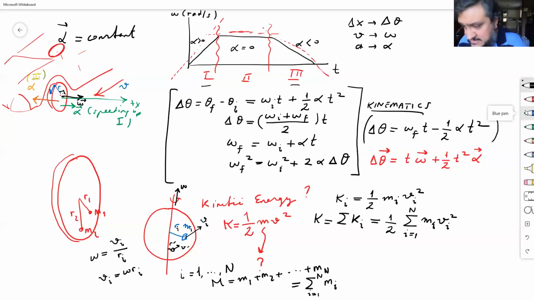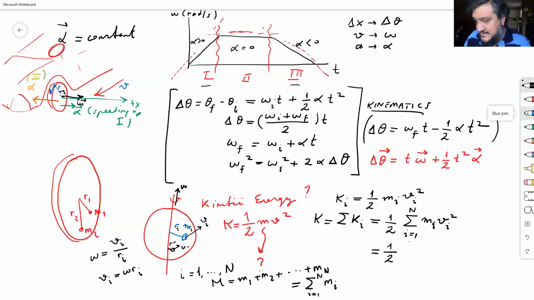I'm going to take this and plug it in here. Now, v squared means omega squared ri squared. Omega is a constant. I can just write it outside the summation. It works for integrals too.